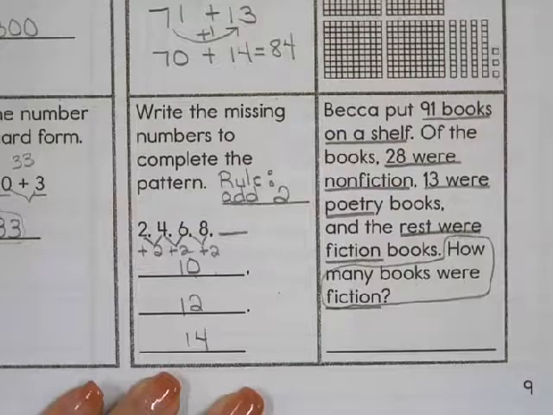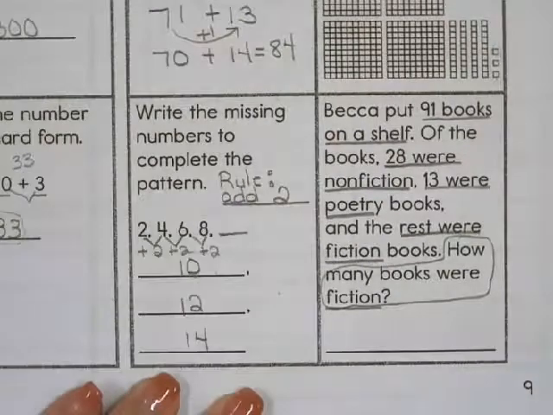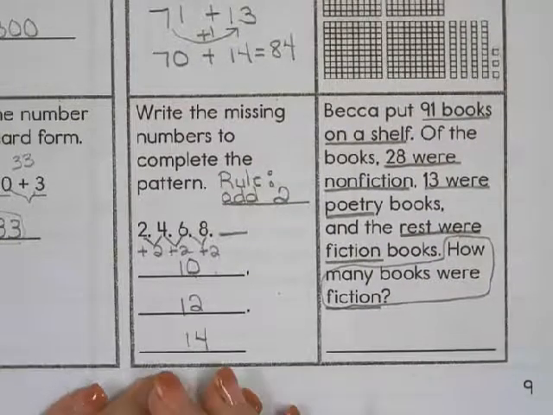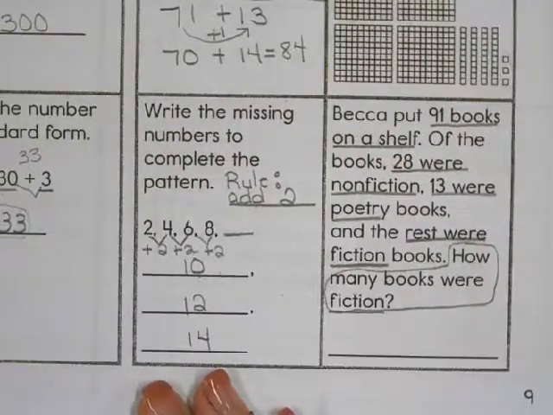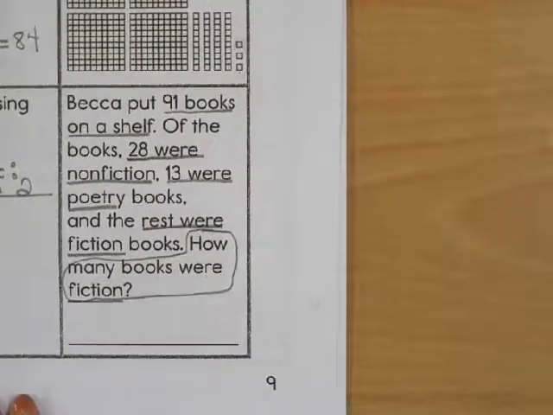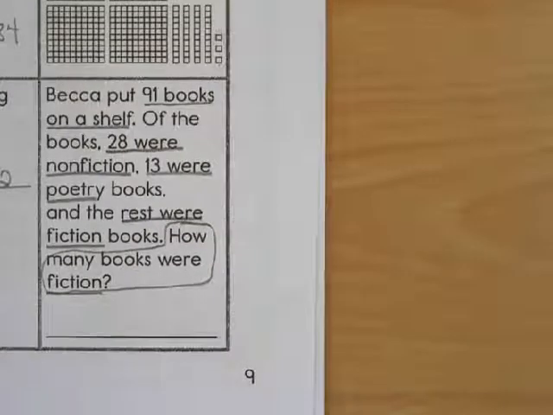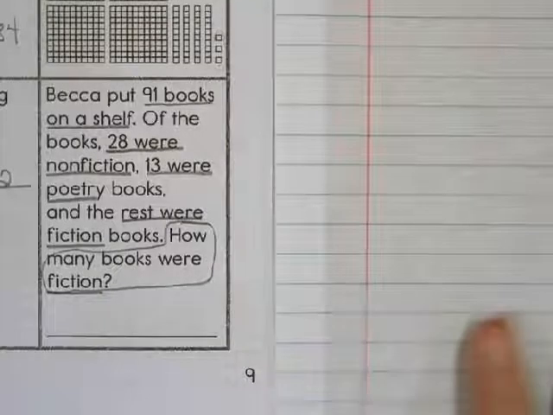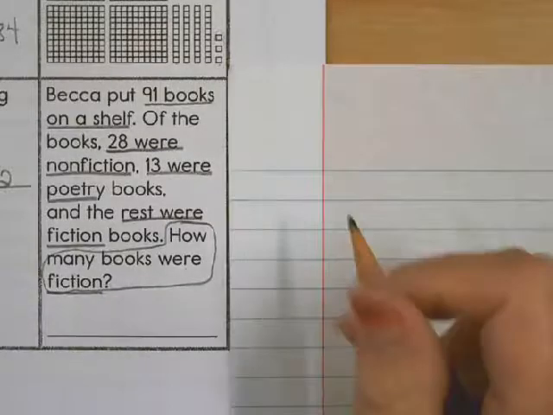We're going to write an answer statement using our question. The question again is, how many books were fiction? So we're going to write an answer statement based on our question.